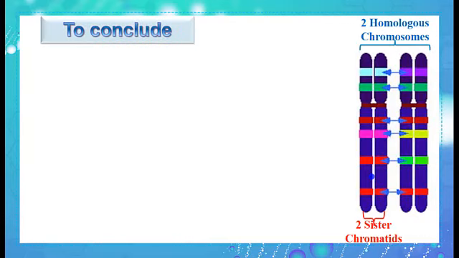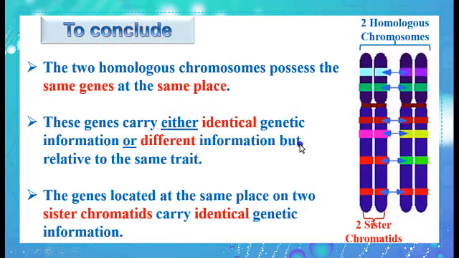Now, to conclude, the two homologous chromosomes possess the same genes at the same place. These genes carry either identical genetic information or different information but relative to the same trait. But the genes located at the same place on two sister chromatids carry identical genetic information.